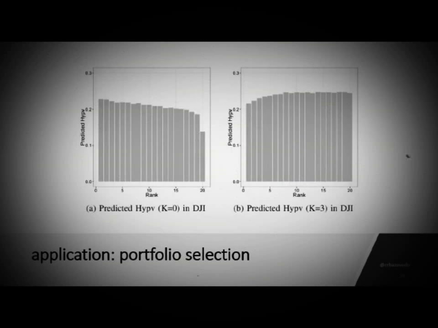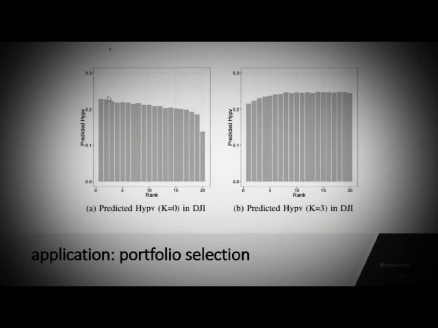Here are the results that we get when we measure the future hypervolume that is predicted to be achievable if we implement the portfolios, the investments, which are ranked from 1 to 20. So we have 20 candidate portfolios that we can implement, where we sell and buy and modify our portfolios at every decision stage.